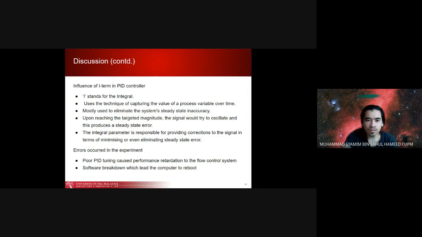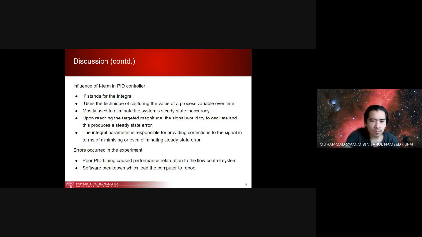For example, when the system is reaching the targeted magnitude, the signal would try to oscillate, and this produces a steady state error, like a sinusoidal wave. The integral parameter is responsible for providing corrections to the signal in terms of minimizing or even eliminating the steady state error.